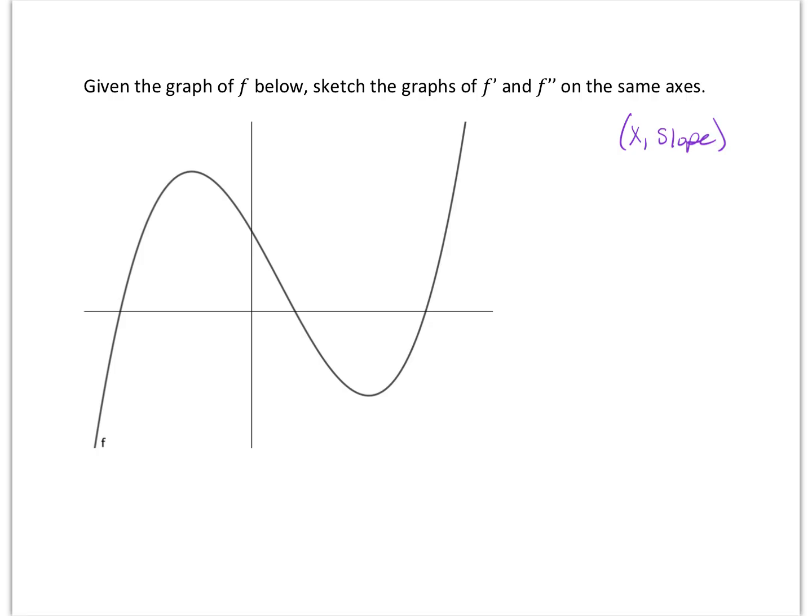The easiest place to start when you're sketching a derivative are places where the derivative is zero. So I'm going to identify places where my tangent lines are horizontal, and those are going to be zeros of the derivative. At those x values, the derivative is zero, so I plot those x values, comma, zero.